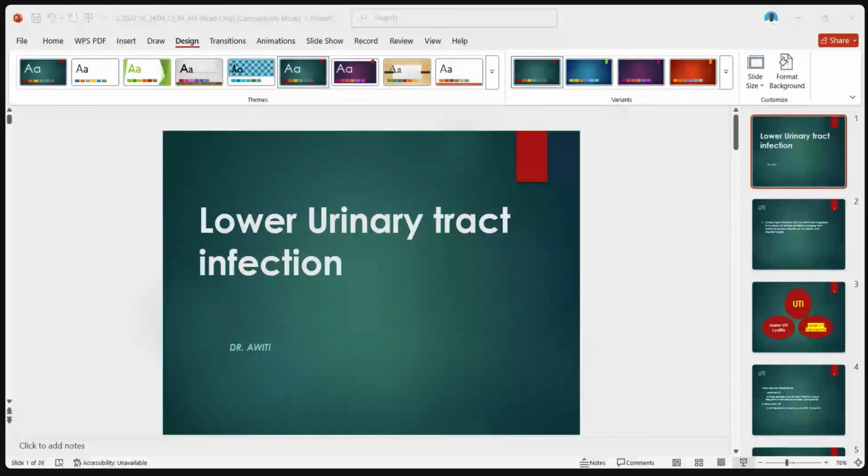Upper are called pyelonephritis. Pyelonephritis means that it has actually affected the upper urinary tract, which are just the kidneys, majorly the kidneys, maybe the ureter.